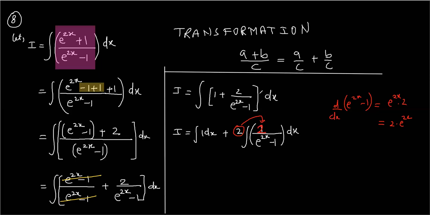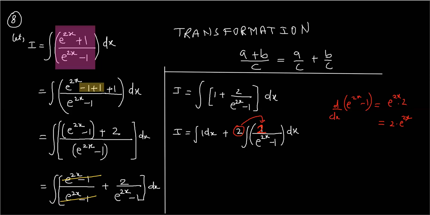Then what they will do, they will think, see, this is very rare, but I don't say no. There are students who might think it this way. Then they will say 2 e raised to 2x is the derivative of denominator.